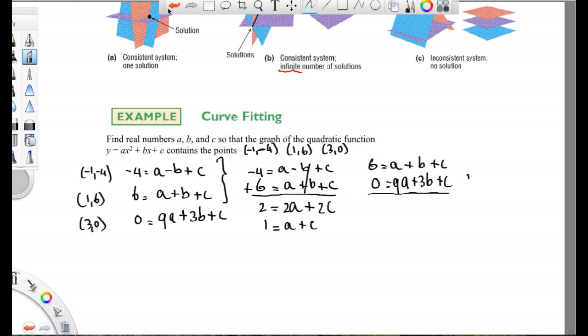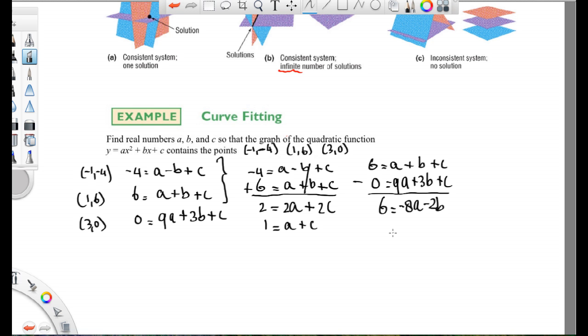And I'm going to subtract here. So I get 6 minus 0 is 6. A minus 9a is negative 8a. B minus 3b is negative 2b. And c minus c is 0.